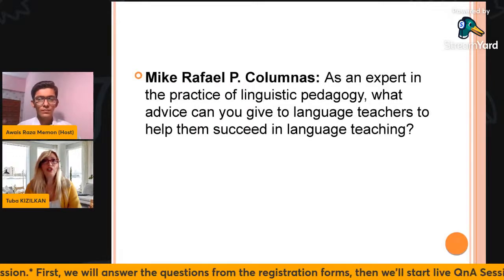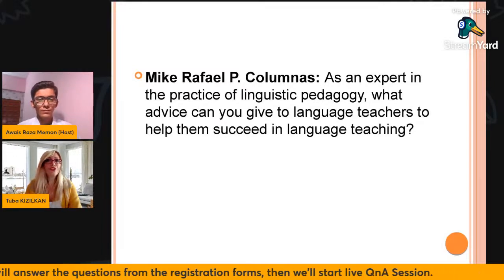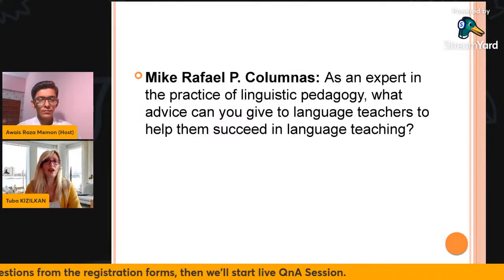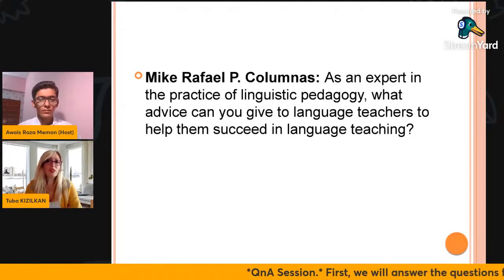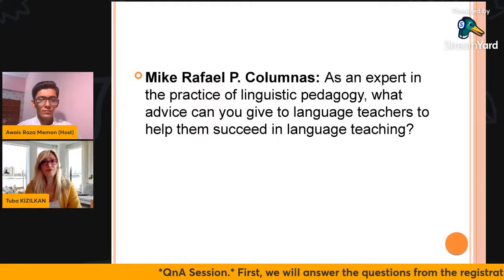For example, young learners learn through stories and songs a lot. Even adults like songs, and the learning becomes automatic. So a teacher should use different methods and techniques, not a simple one.